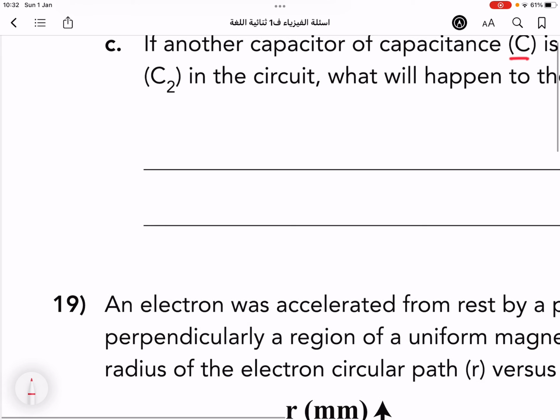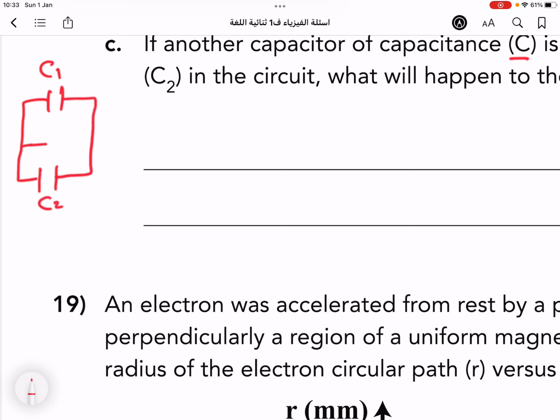So we have before C1 and we have C2. We add another capacitor with capacitance C, which is unknown, to the system. What will happen to the total energy stored?